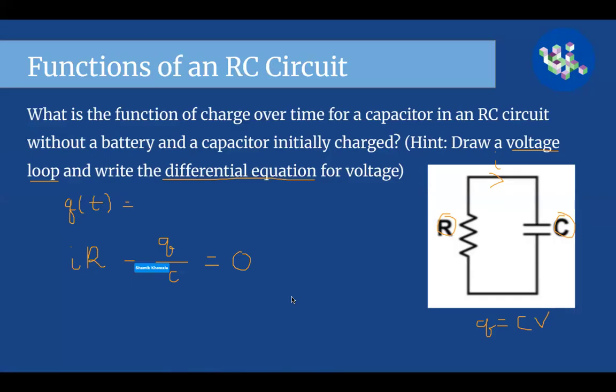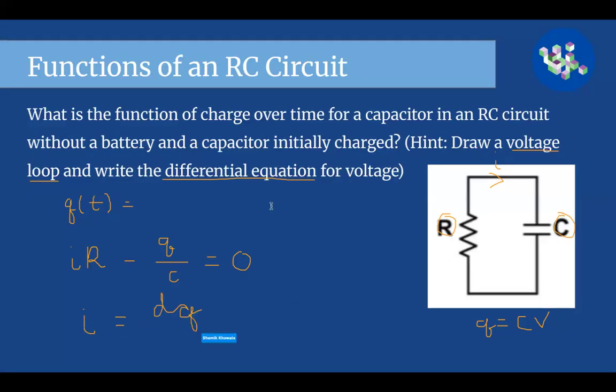Can anybody tell me how you can write this as a differential equation? That's fine. Remember this definition of current: I equals dq over dt.